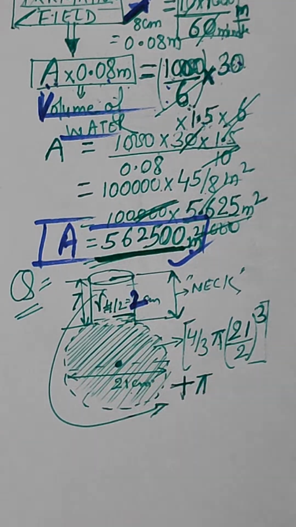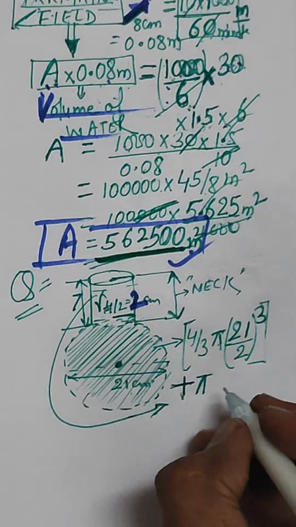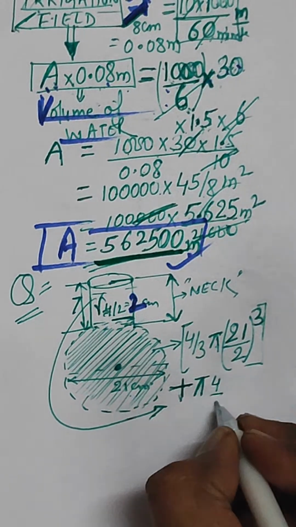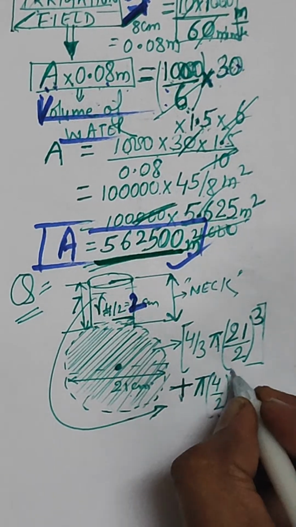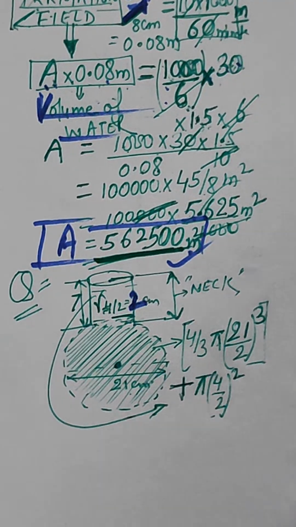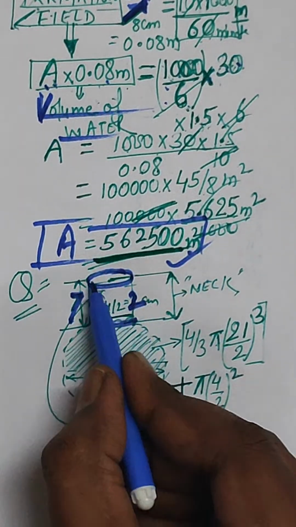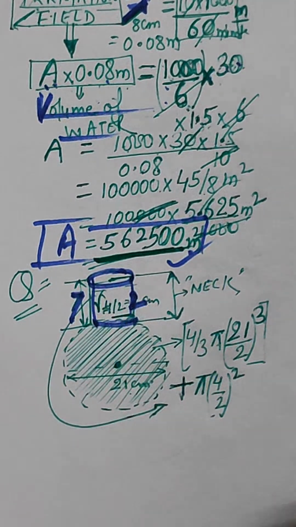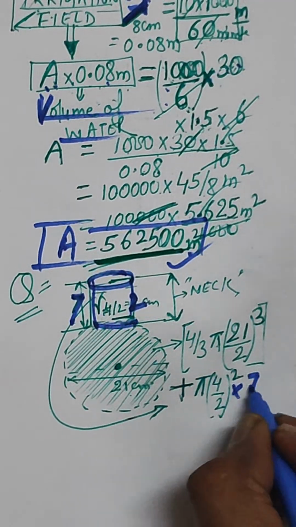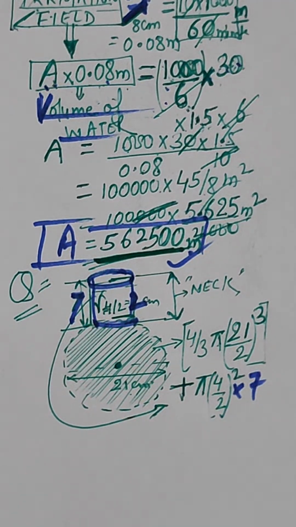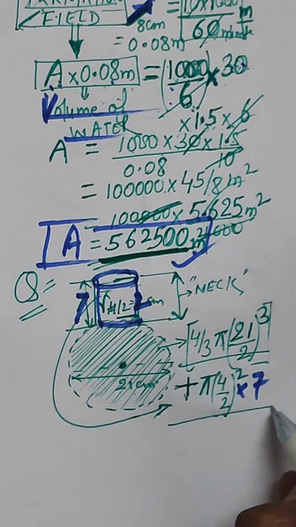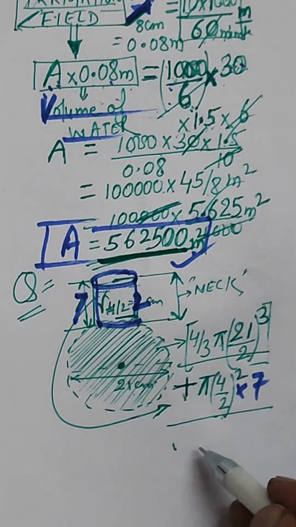So it will be pi into 2 square into h, and this 7 is the height of this cylindrical neck, multiplied with 7, right? Just solve it, okay? You will get your answer.